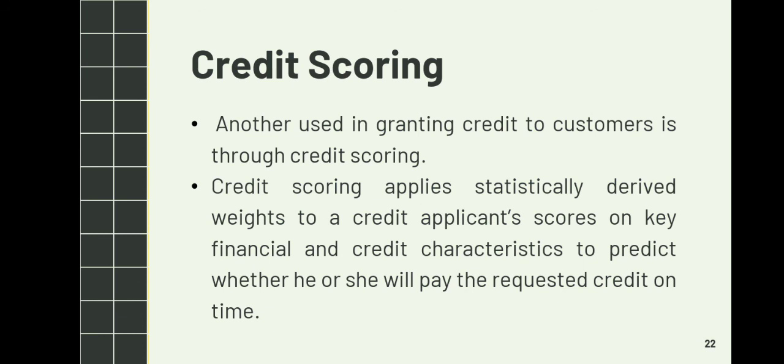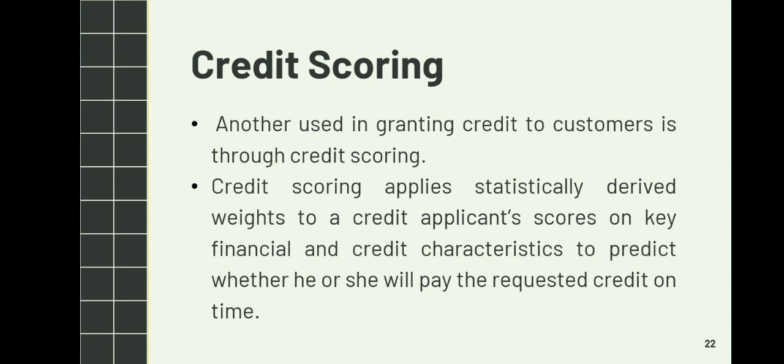Another tool used in granting credit to customers is credit scoring. Credit scoring applies statistically derived weights to a credit applicant's scores on key financial and credit characteristics to predict whether he or she will pay the requested credit on time. In this procedure, a credit score is obtained that reflects the customer's creditworthiness, reflecting its overall credit strength.